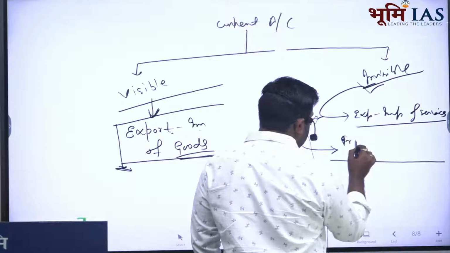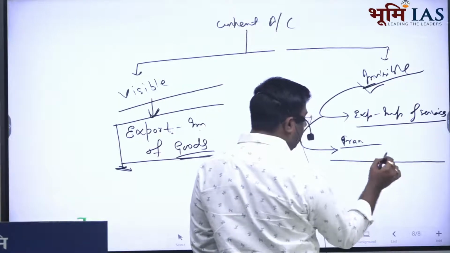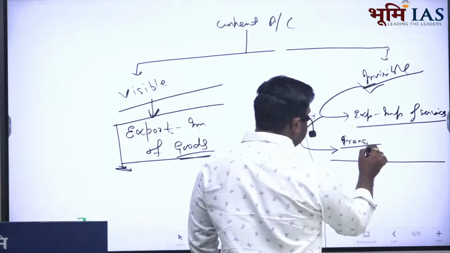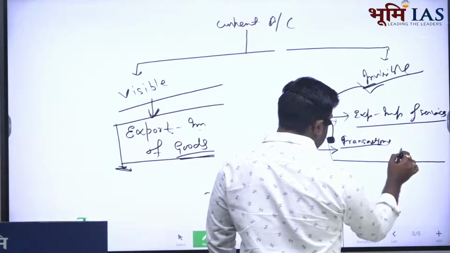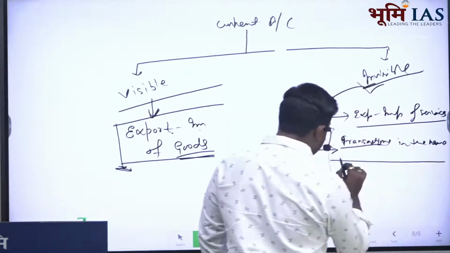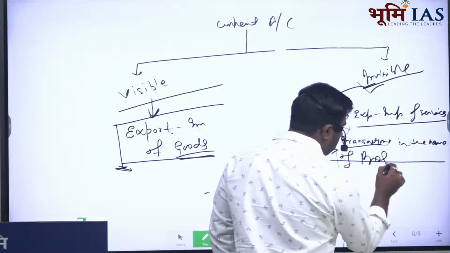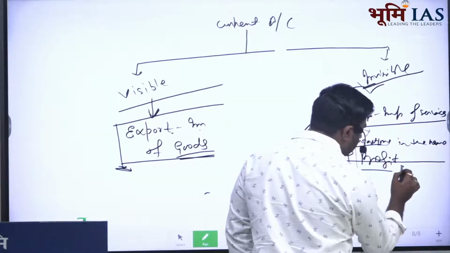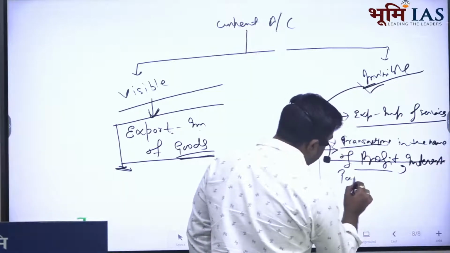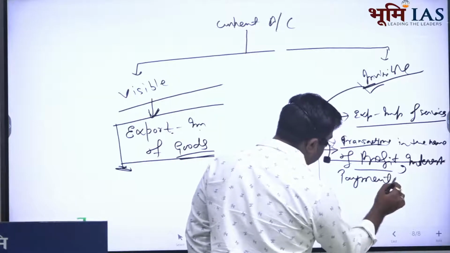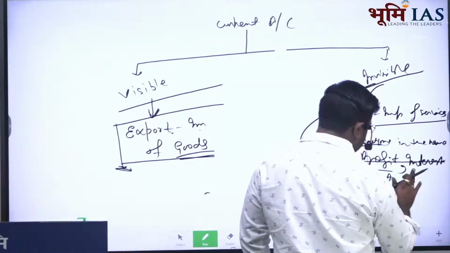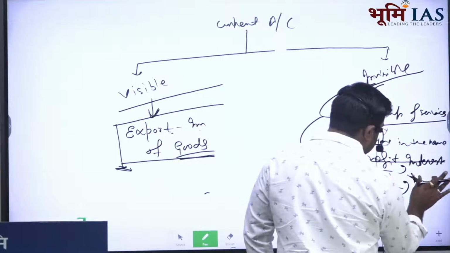International transaction. I am only mentioning the word transaction over here, but you should perceive it as international transaction. Transaction in the name of profit, interest payment, and income. Remittances should not be mentioned in this category.